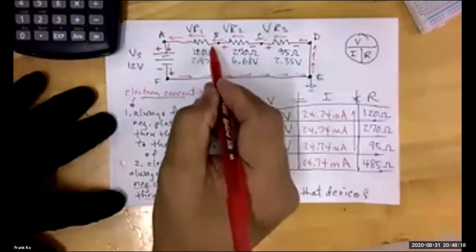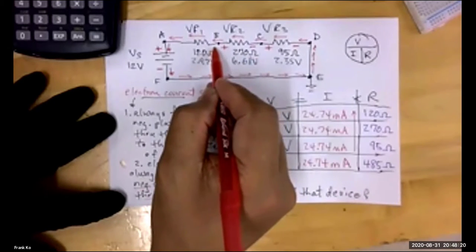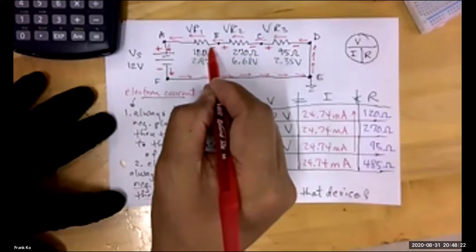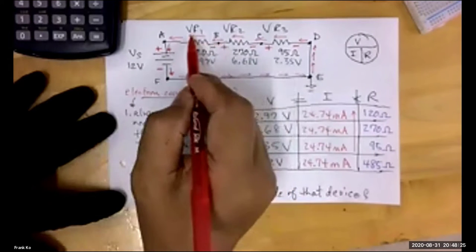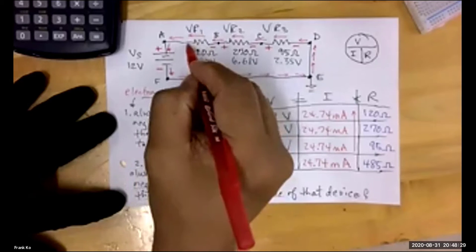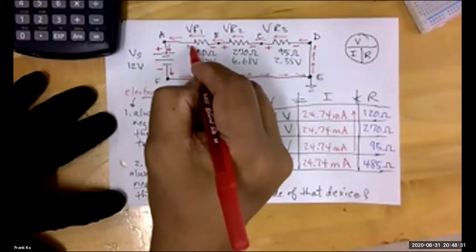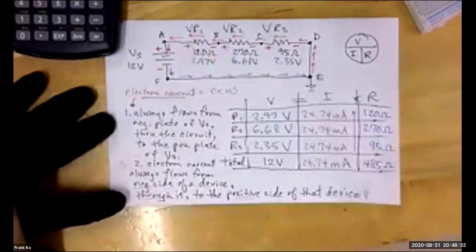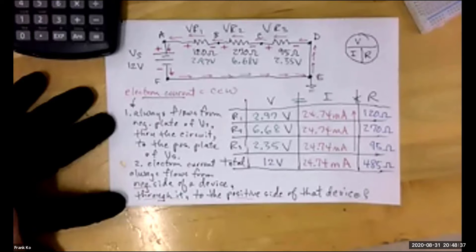R1, the right side should be what polarity? Negative. Because this is where the electrons are entering. The electrons are flowing through it and exit the left-hand side. So this side must be positive. Very good. So now do we have polarities marked across the resistors? Very, very good.